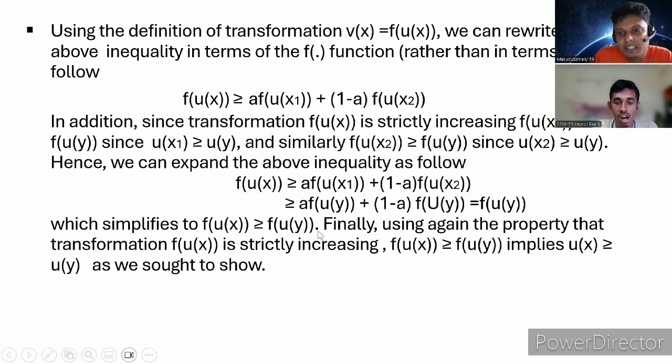Finally, using again the property that the transformation f is strictly increasing, f of u of x greater than or equal to f of u of y implies u of x is greater than or equal to u of y. That is the solution of this problem. That is my part. I request Query to present his next part.